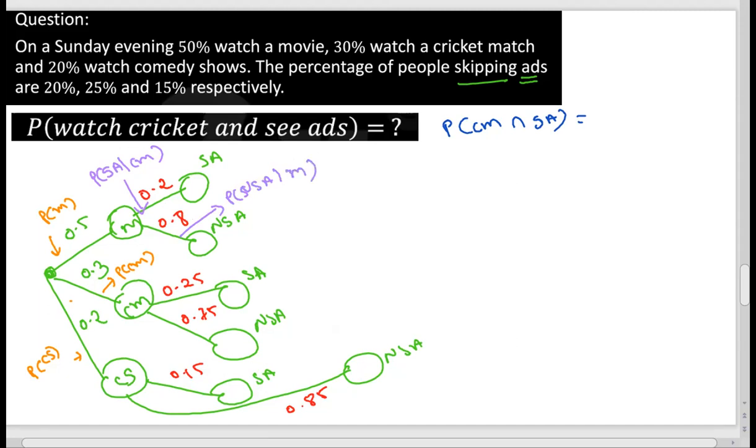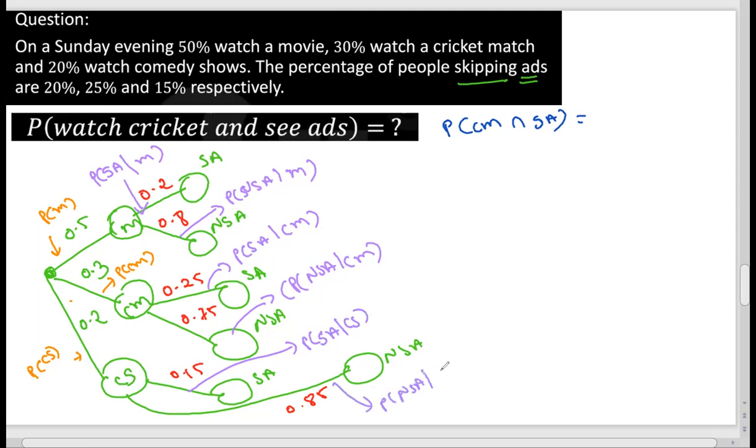Okay. Here he is watching a movie, but here we watched a cricket match. For this, skipping ads given watching cricket match, not skipping ads given watching cricket match. For this branch, it is skipping ads given watching comedy show, and for this line, not skipping ads given watching comedy show. Okay.